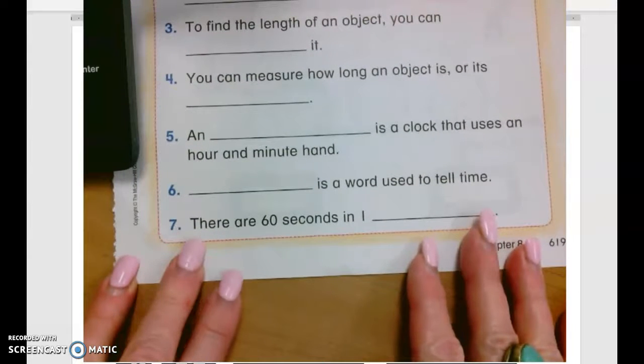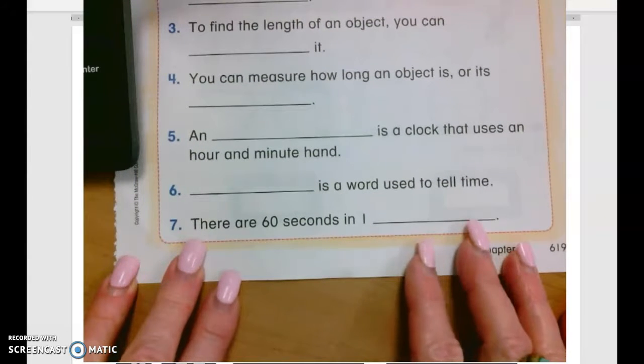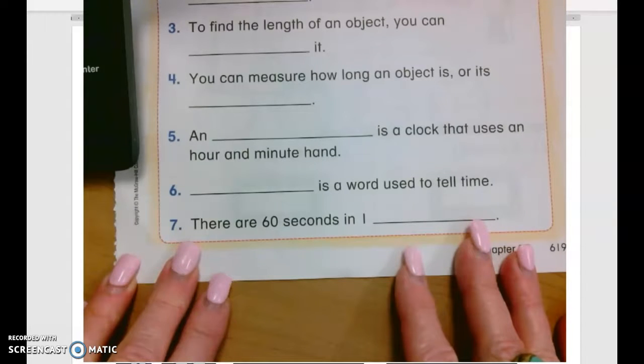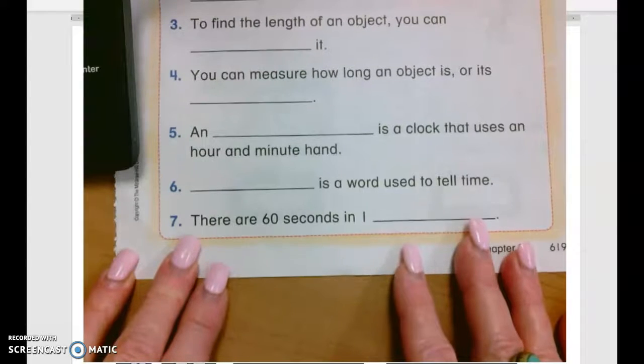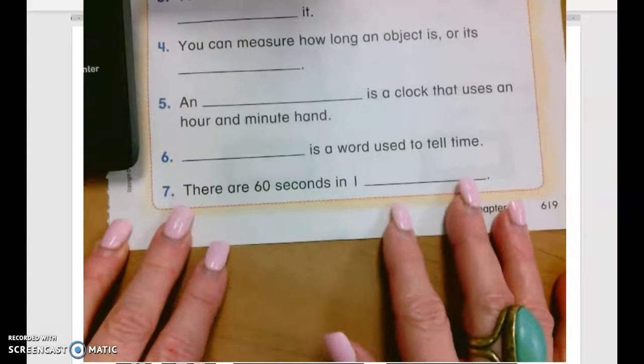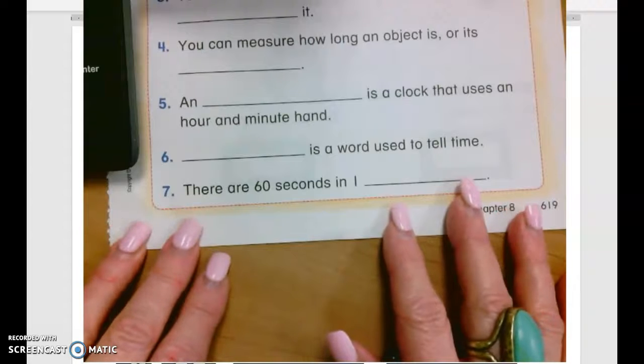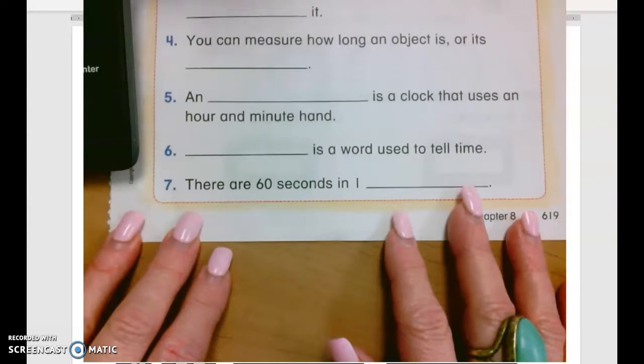Number 6, blank is a word used to tell time. And number 7, there are 60 seconds in one blank.